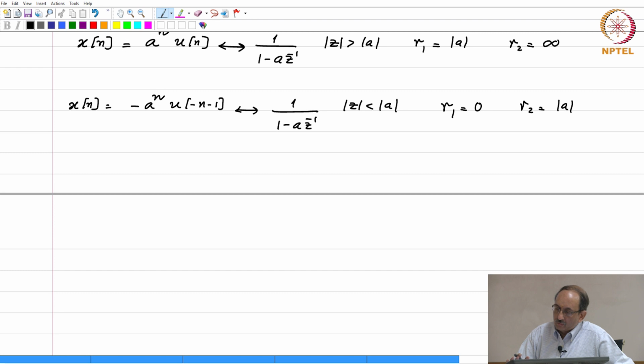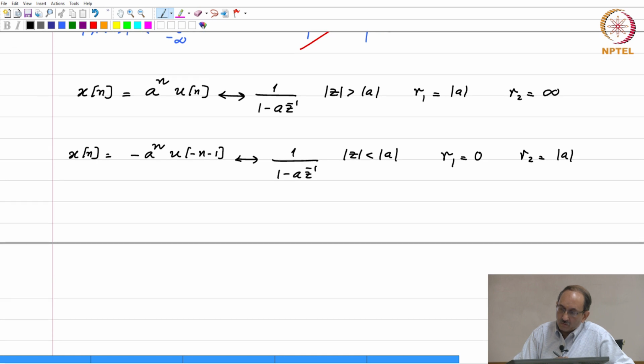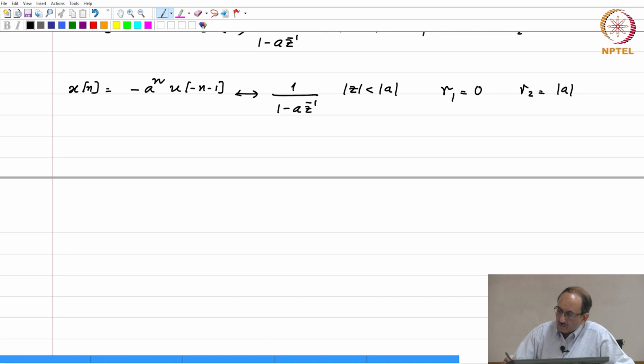Just to give some more insight into this ROC, for rational x of z, recall that rational means x of z is of the form b of z over a of z, ratio of polynomials.